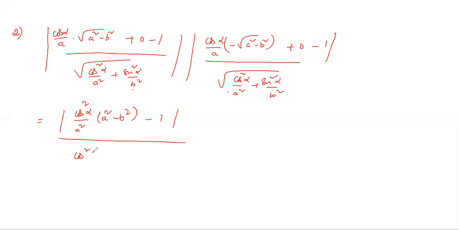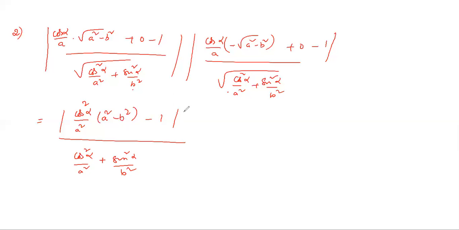Cos square alpha by a square plus... So you took it as a square minus b square. But so both are minus 1 only, right? No, if you take minus here, this is plus. Oh, okay. If you take minus common, modulus is there, so it is a plus b only. So a square minus b square.